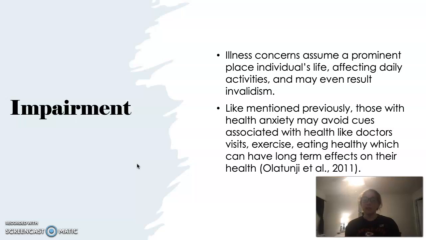They'll avoid exercise. Again, like I mentioned earlier, they just don't want to think about it. Eating healthy, and all these things will add up long term. Even if they didn't have issues before, it will negatively impact their health and could lead to them actually developing the illnesses that they're worried about.